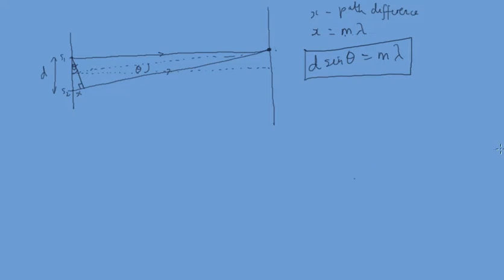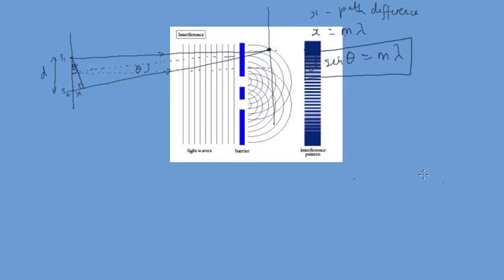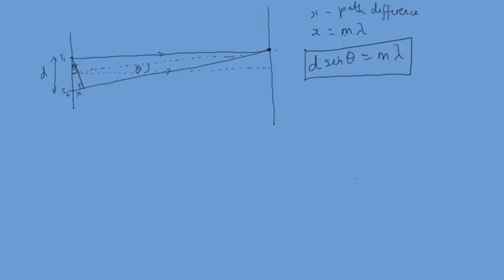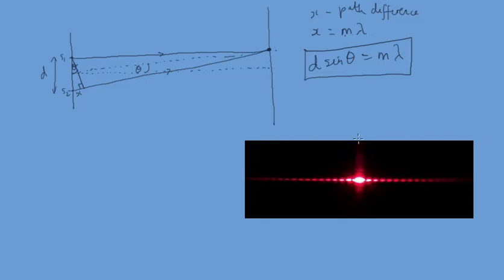And if we have, let's just bring this one back up here. So here's our maximum minimums. So this central one would be m equals 0, and then you'd have m1, m2, and so on and so forth.